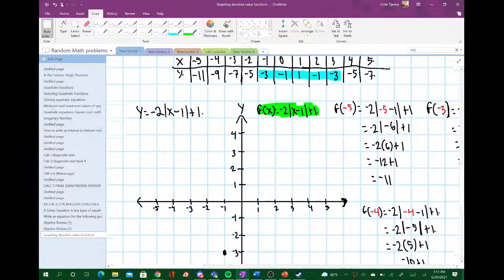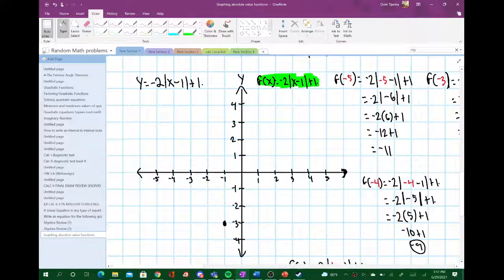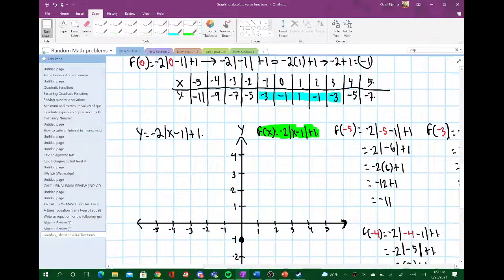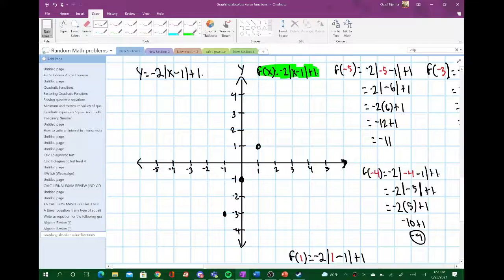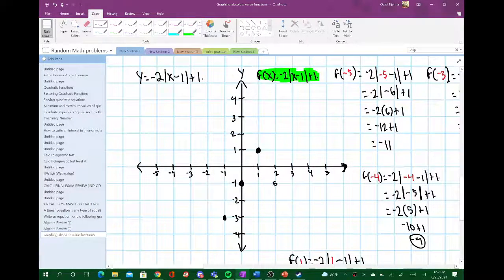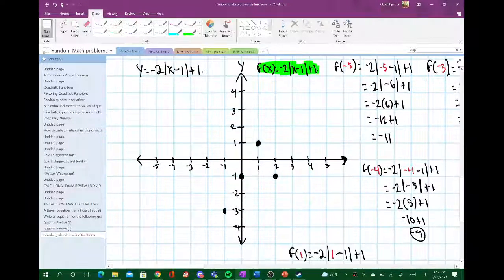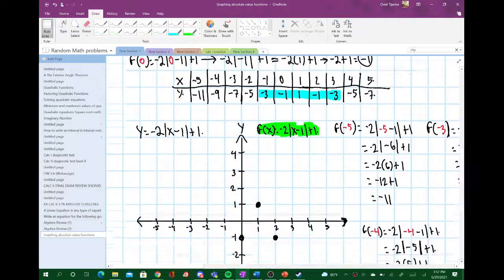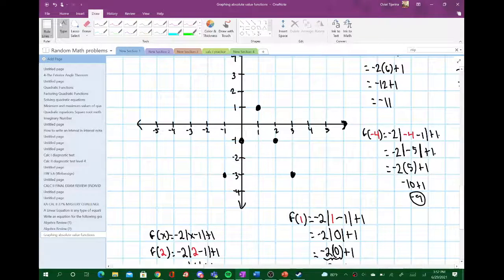So we have negative 1, negative 3, and then we're going to have 0, negative 1, and then also 1, 1, and then 2, negative 1, and then we're also going to have 3, negative 3, and that's going to be kind of the end of it, right?